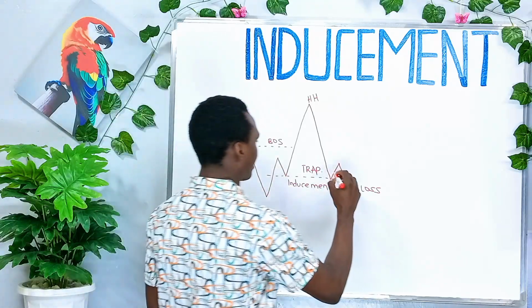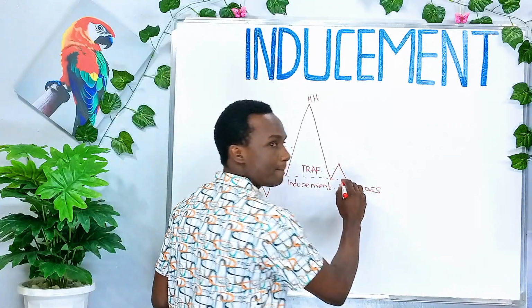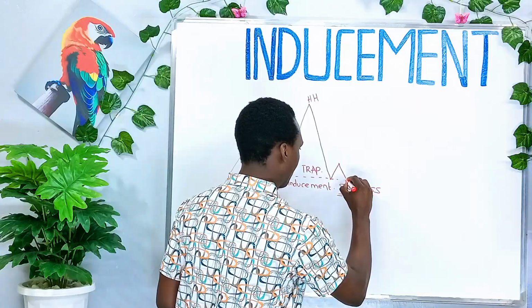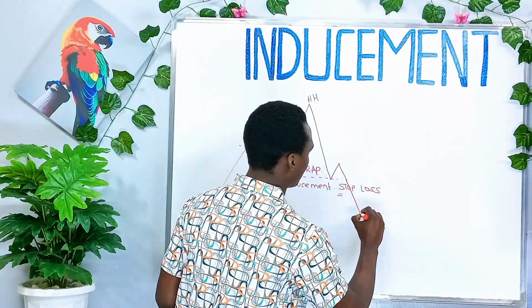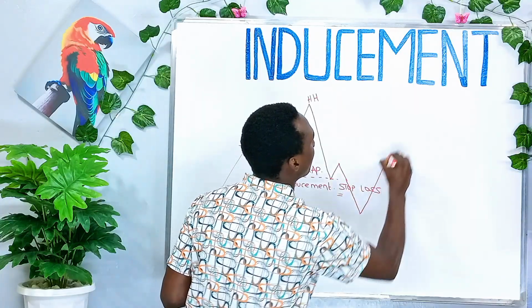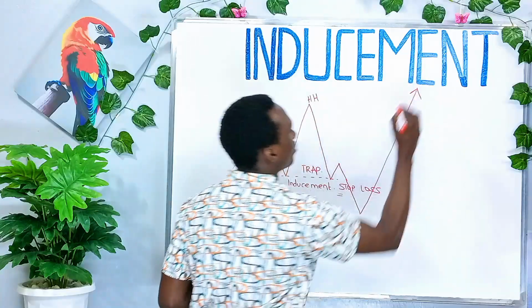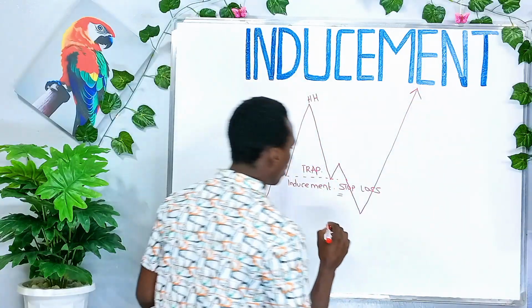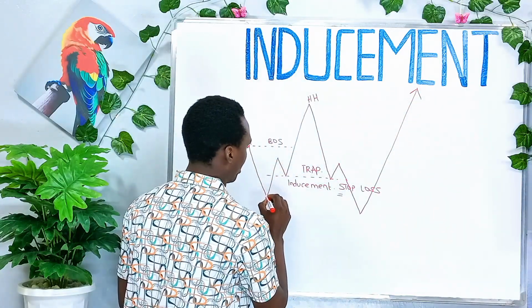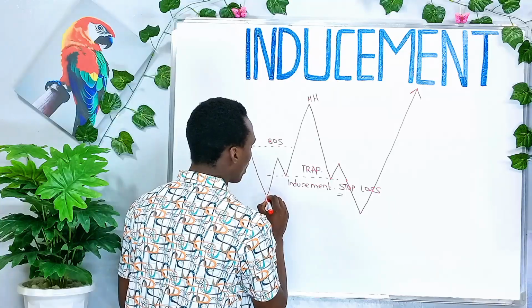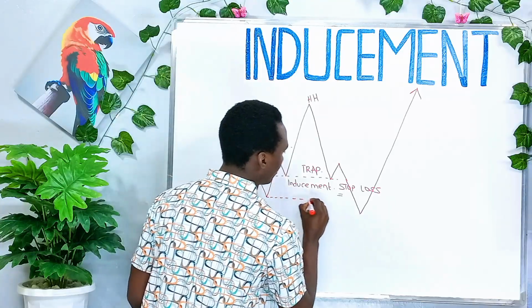So in this case, the price will come lower, take these people's stop losses, and then move up in the desired direction, the original direction, which was an uptrend.